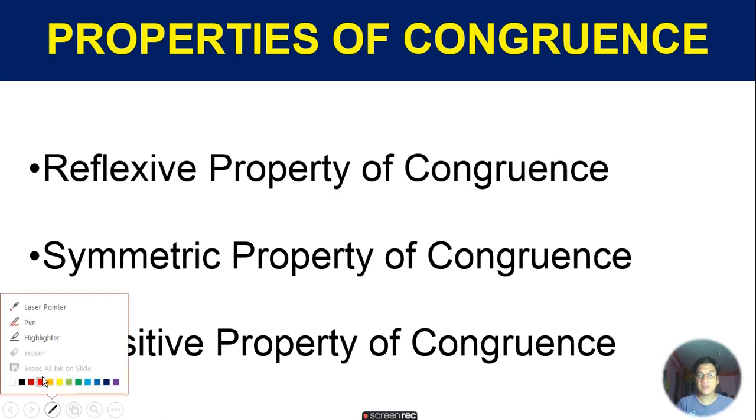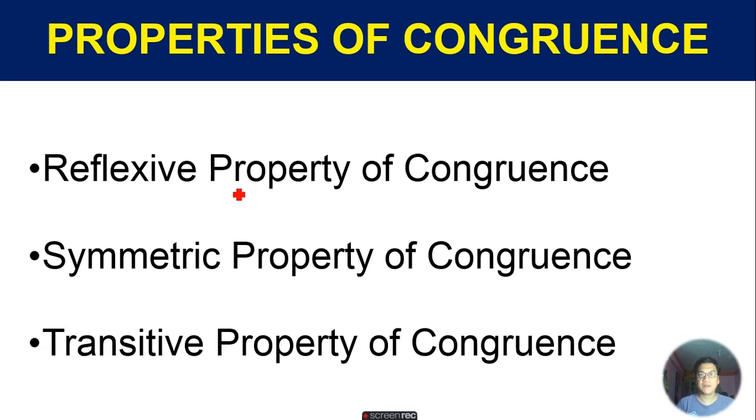What are these? These are the reflexive property of congruence, then the symmetric property of congruence, and then the transitive property of congruence. Now, how do we illustrate all of this? Suppose I have the sides line segment AB, line segment BC, and line segment CD.